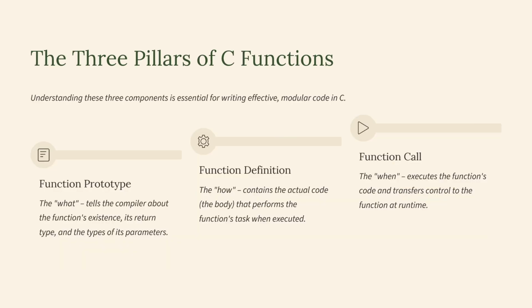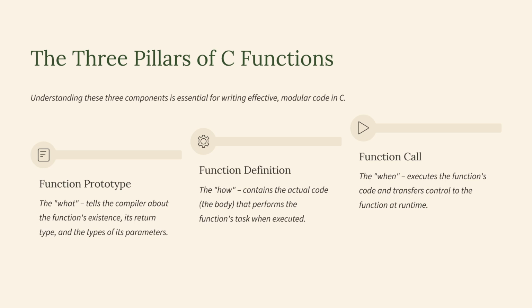Next, we are going to see the three pillars of C functions. The three pillars of C functions are function prototype, function definition, function call. To use functions efficiently, we must understand these three essential components. So first we are going to see what is meant by function prototype.